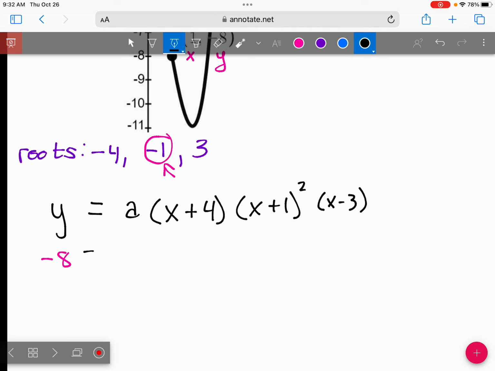-8 equals whatever our A is, with our x of 1 plus 4, 1 plus 1 squared, and 1 minus 3.